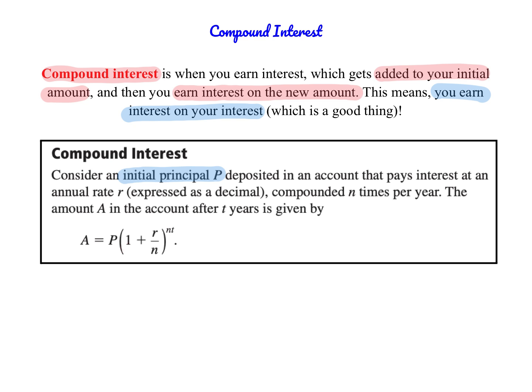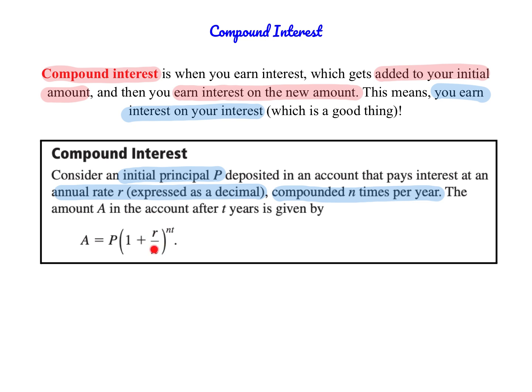And then we have 1 plus r, which is your annual interest rate as a decimal, divided by n. So n is the number of times per year your interest is compounded, which essentially means how many times a year does the bank look in your account and pay you interest.